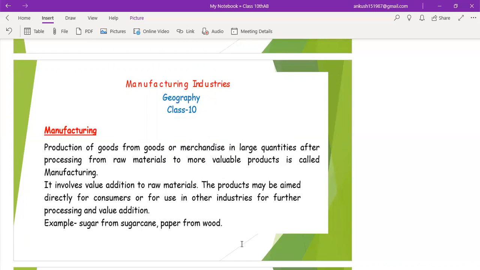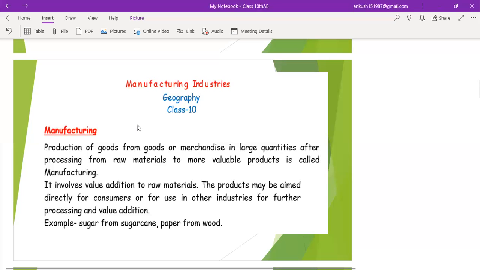The manufacturing sector is considered the backbone of development in general, and it is very important in the development of the economy of a particular country.